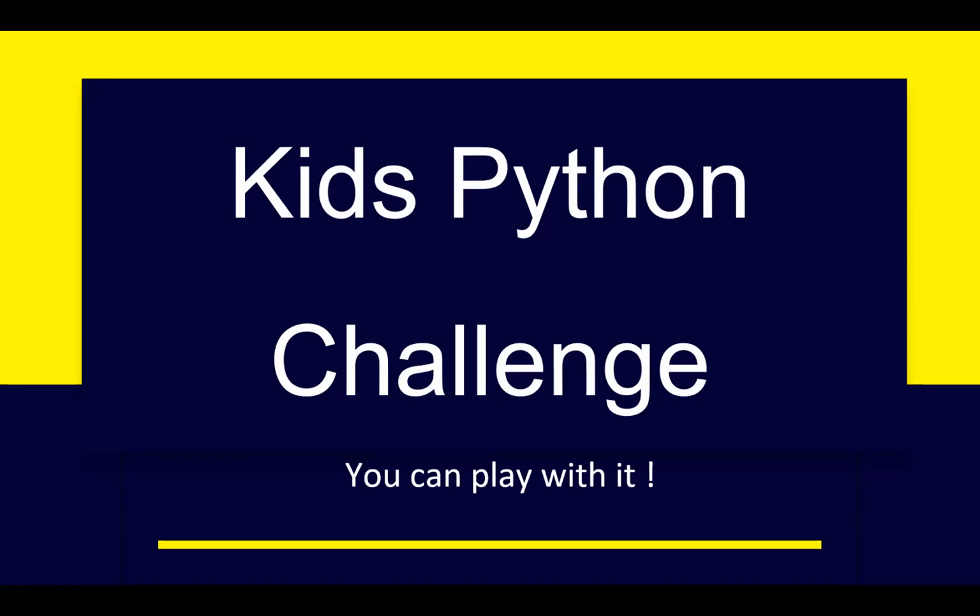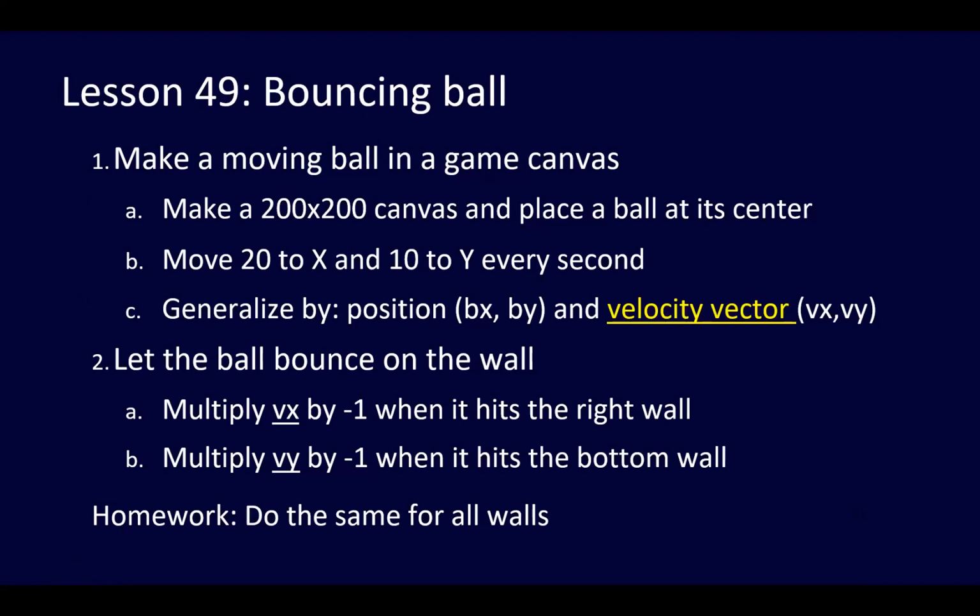So, let's continue our fall game. Okay, let's see. What were we doing? Yes, that's right. Last time we defined and implemented how a ball runs in a box using a velocity vector plus a position vector.